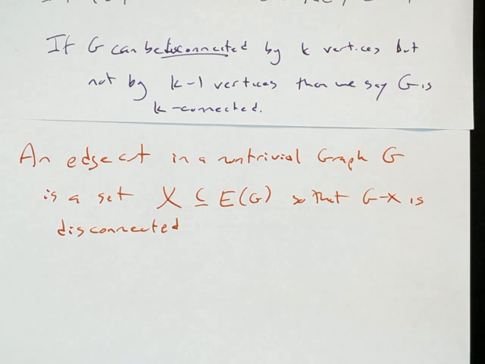Every tree has an edge cut of size 1. Every bridge is a cut of size 1. That's the definition of a bridge. If you remove the edge of the bridge, you disconnect the graph. Oh, okay.